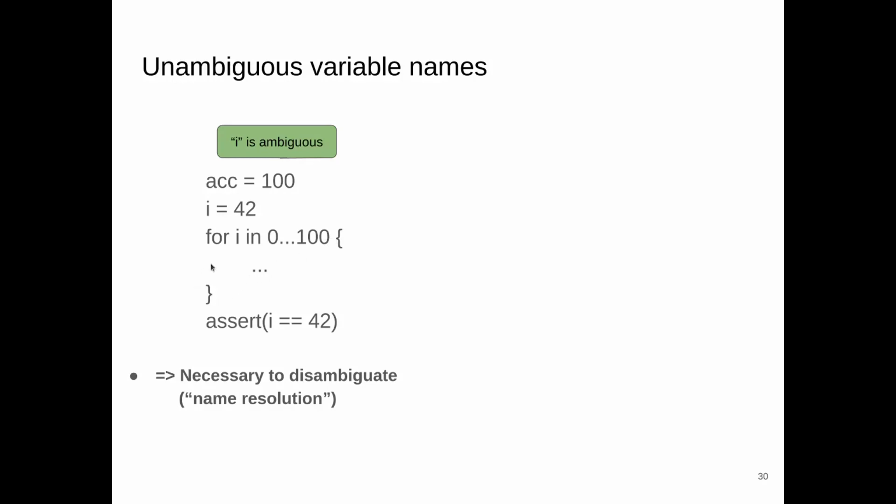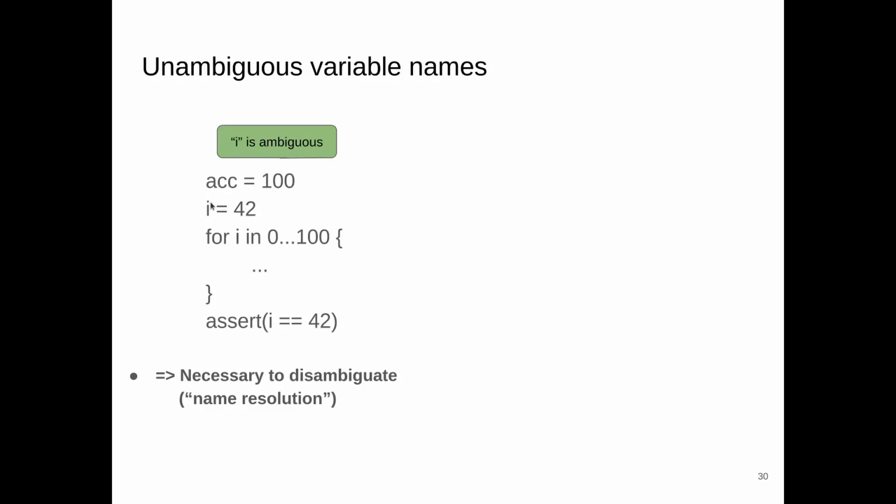But after this iteration, it is crucial that this i declaration in the for statement is gone. You can no longer access the variable i that was declared in the for loop. After this line, the original i that was assigned 42 is restored, and at this line, i should be 42. This is pseudocode, but this kind of reasoning is actually happening all the time in C and C++ programs.